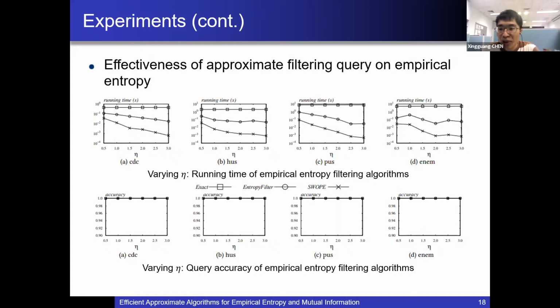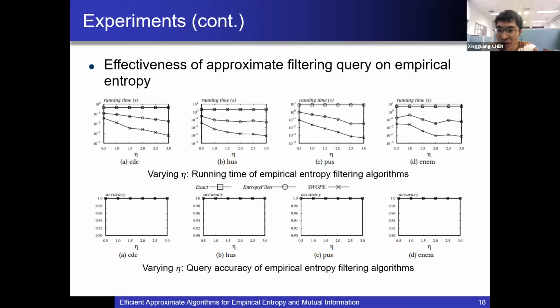Here are the experimental results of approximate filtering query on empirical entropy. In the first figure, the x-axis represents various eta and the y-axis represents the running time of 3 methods: exact method, entropy filter, and our solution on each dataset. In the second figure, the y-axis indicates the accuracy of the answer to the query.